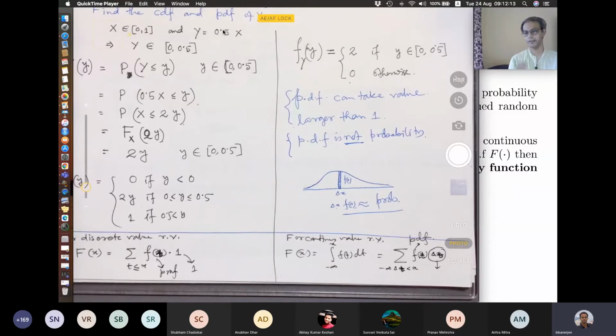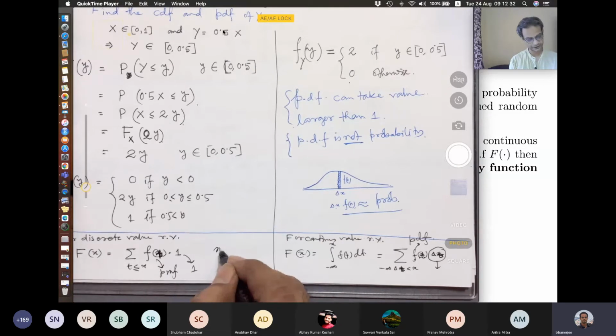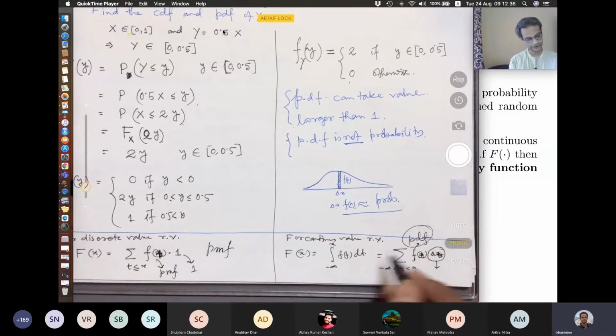But in general, it is also called discrete density. There is technically nothing wrong calling it discrete density. So for you, remember this thing as PMF and this one as PDF.